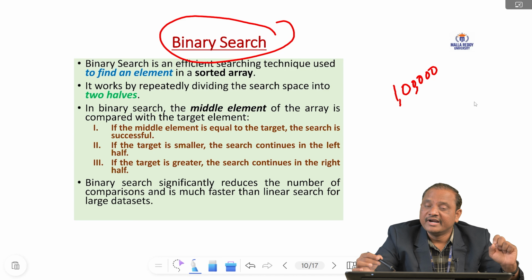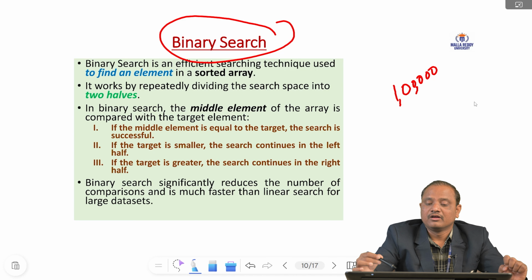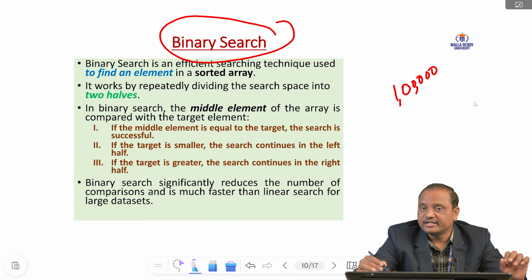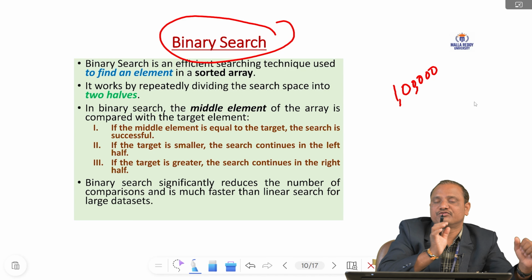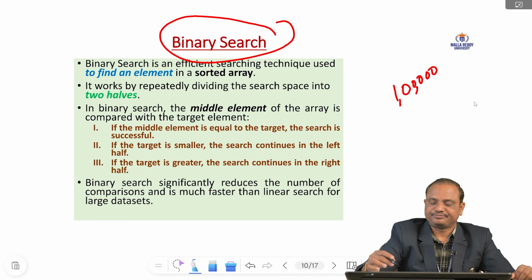If the middle element is smaller than the target element, the search continues in the right side. If the middle element is greater than the target element, the search moves to the left part of the array.